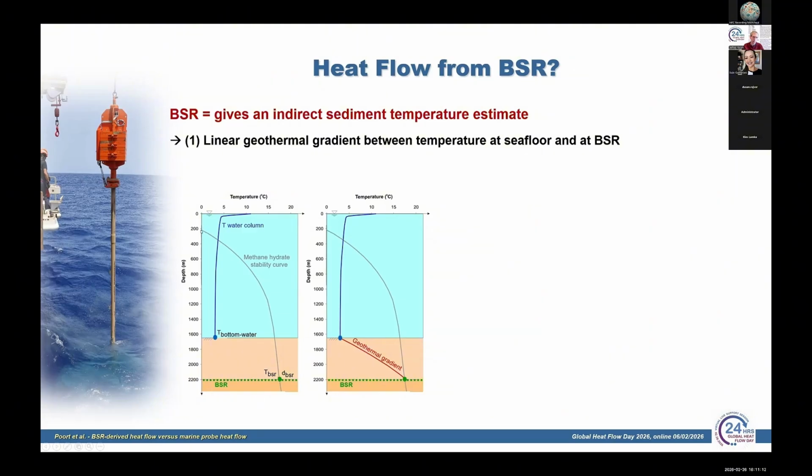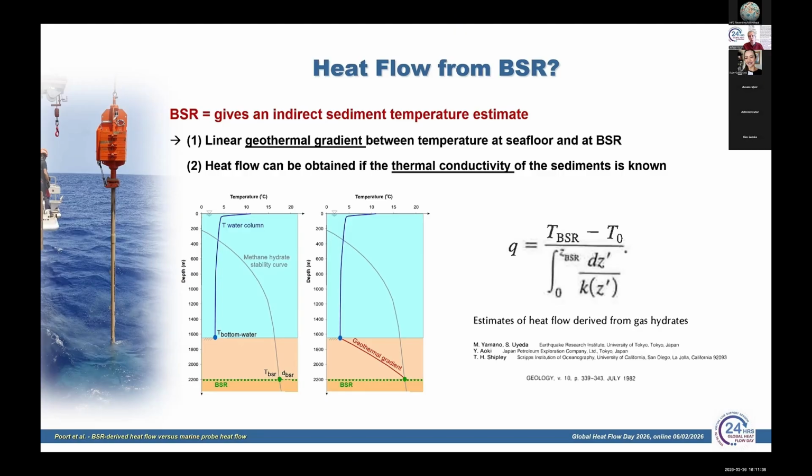But in that case, the crossing of this with the depth of the BSR will give us the temperature of the BSR in the subsurface. It means we have the bottom water temperature and this BSR temperature, which can give us a linear gradient between the 2 points.